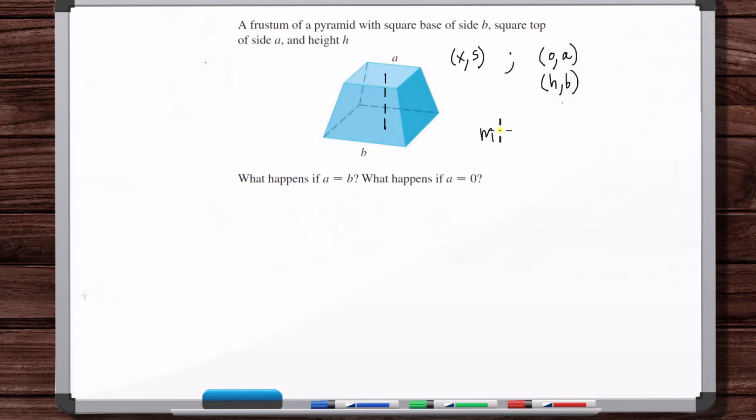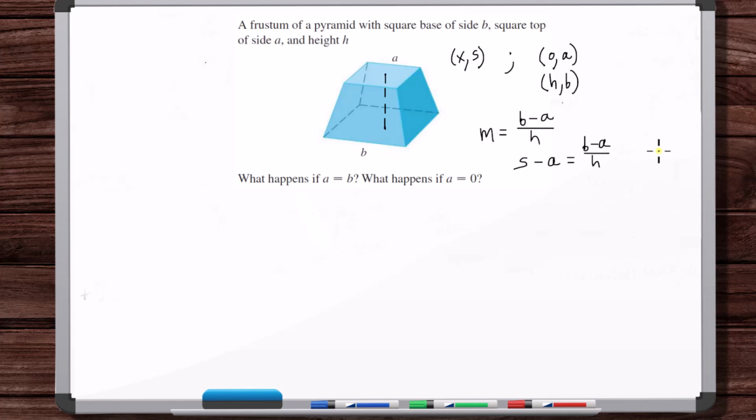So the slope is going to be, we'll say this is point 2, y2 minus y1 over x2 minus x1. Now we can use the point-slope formula. Y is the dependent variable, we'll call it S for side length. So y minus y1 is equal to m times x minus x1.